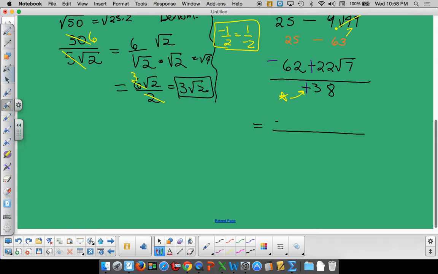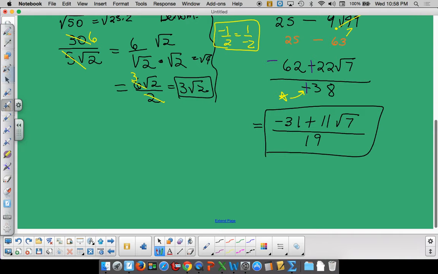So that's going to leave me negative 31. Divided by 2 out of 22, that's going to be positive 11 square root of 7. And then finally, reducing the 38 by 2 will give me a 19. Now look at it and go, is there anything else that reduces 31, 11, and 19? I don't think so. So there we have a final answer.